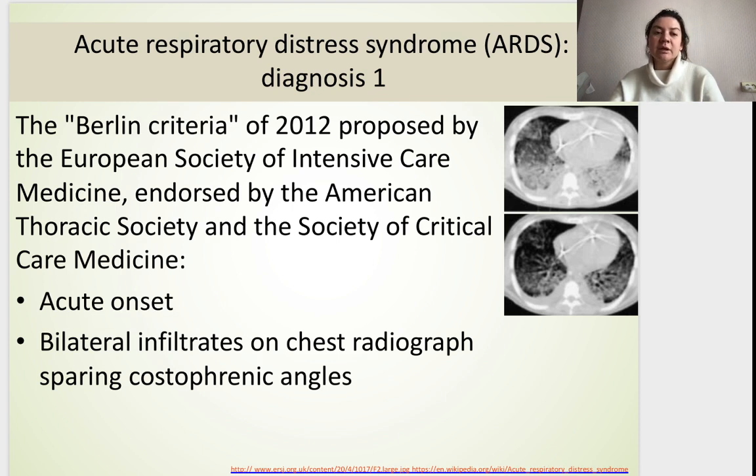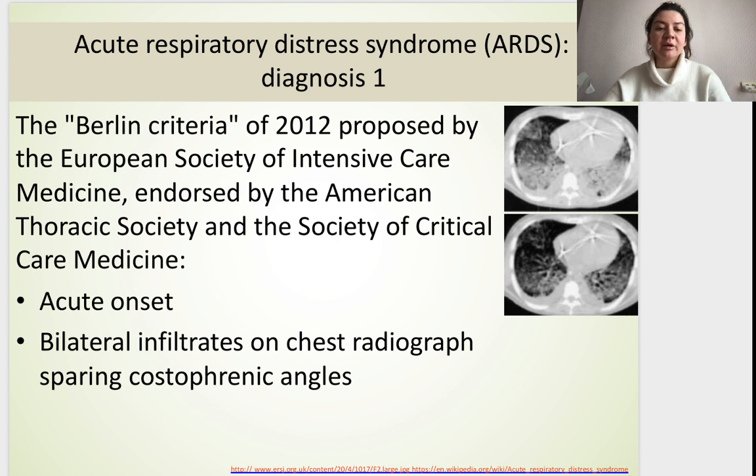For diagnosis, we usually use the Berlin criteria of 2012, proposed by the European Society of Intensive Care Medicine. You understand that it is an emergency care situation, endorsed by the American Thoracic Society and the Society of Critical Care Medicine. What do these criteria include? It is acute onset.